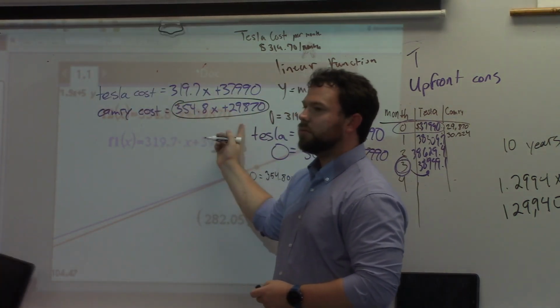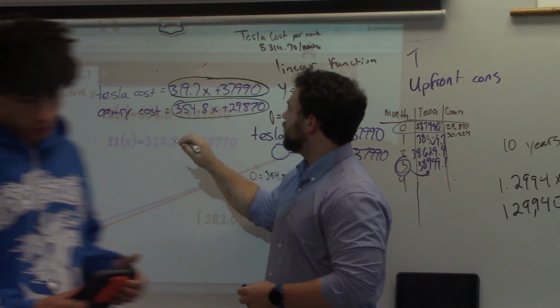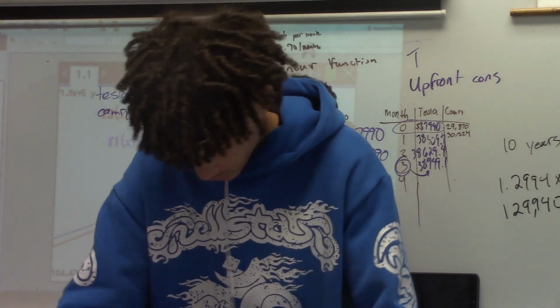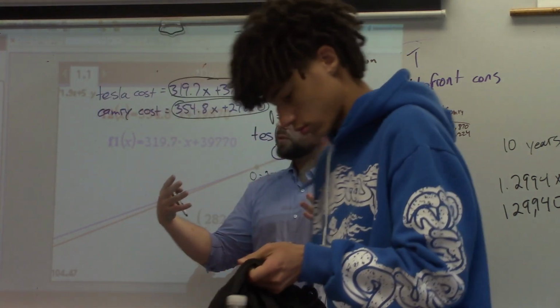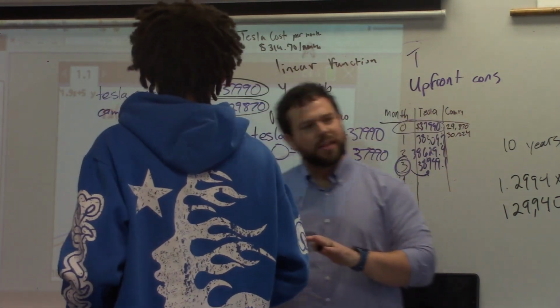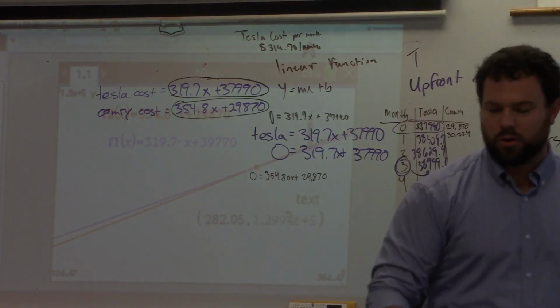Our Camry cost. What's this representing? Tesla cost. And we need to know when those costs are the same. What's the mathematical term for same? Equal. Tomorrow, we're gonna do this algebraically to find when they are equal.